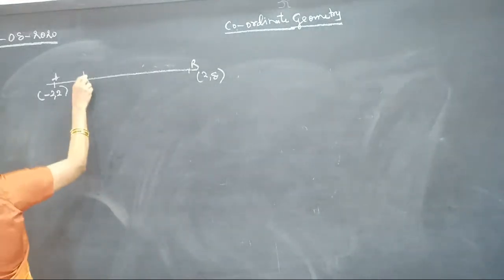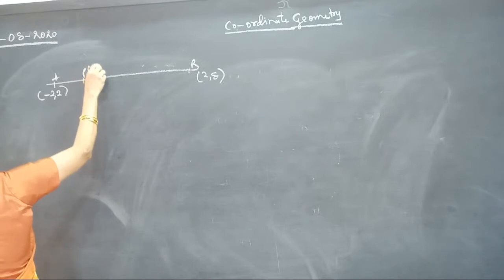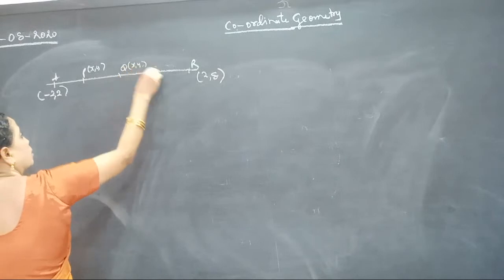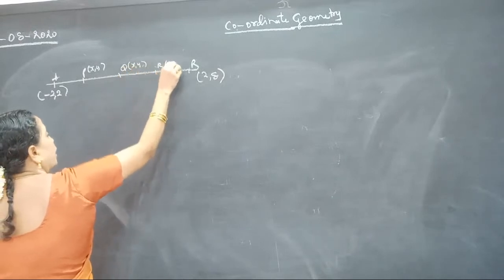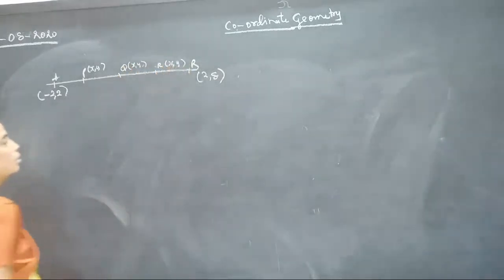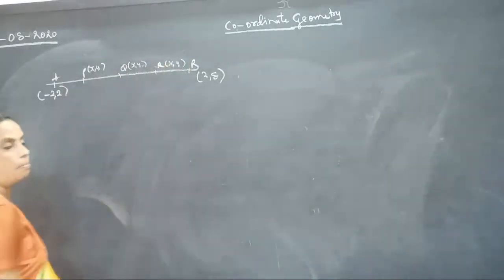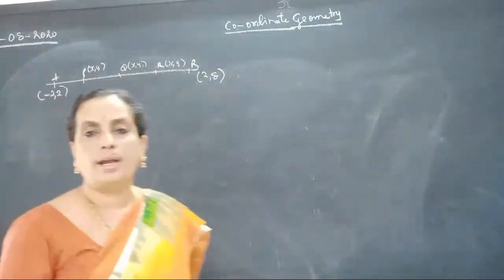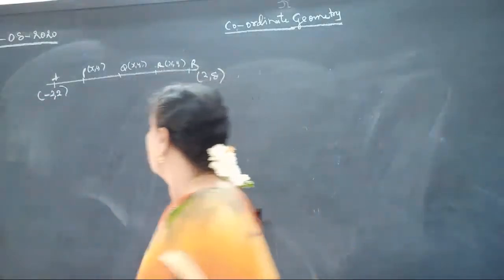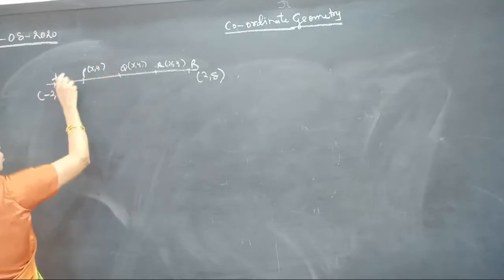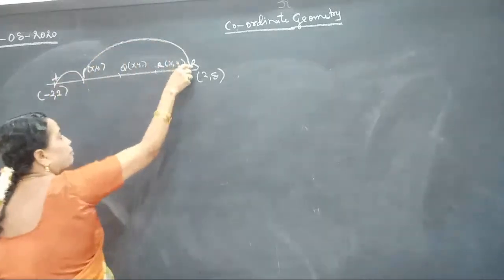Consider these as P(x, y), Q(x, y), R(x, y). So 1, 2, 3, 4: 4 equal parts. When it is dividing in 4 equal parts, when we consider point P, it is dividing AB in the ratio 1:3.